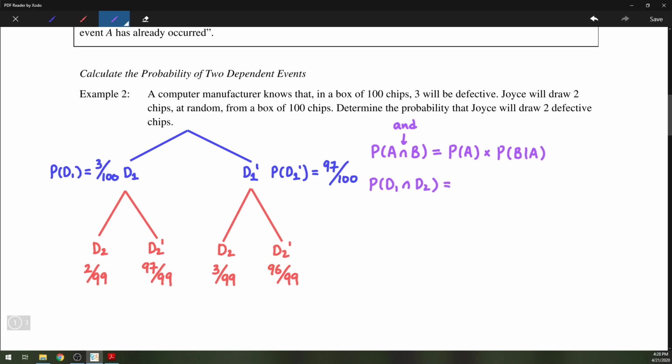So for that, we need to multiply together the probability that the first chip is defective and that the second chip is defective, given that the first one was defective.